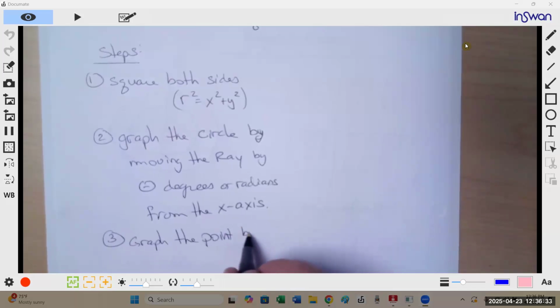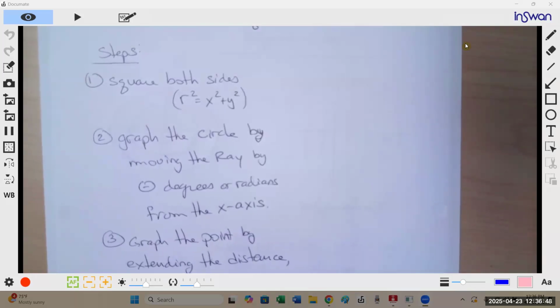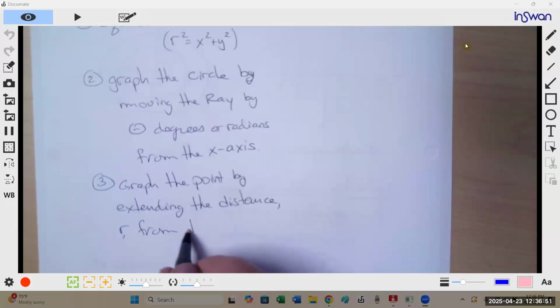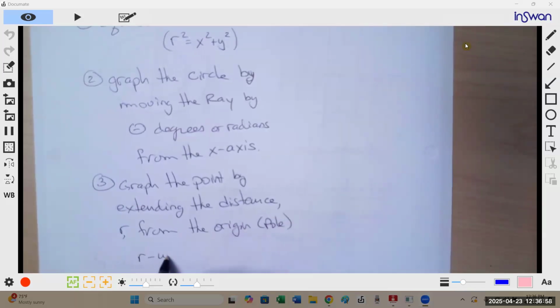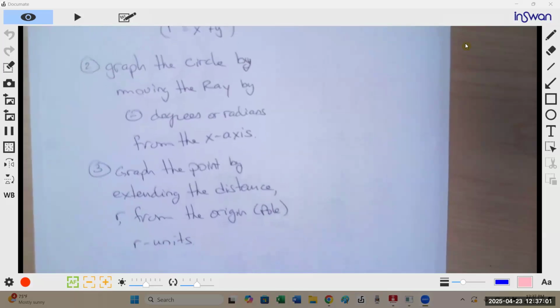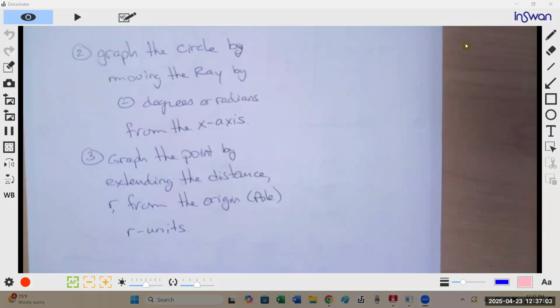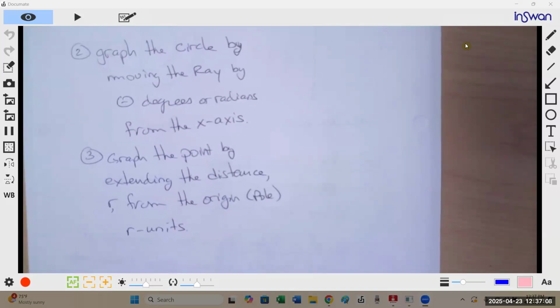Graph the point by extending the distance r from the origin, r units. These are the steps.